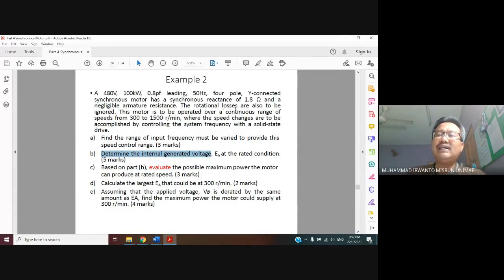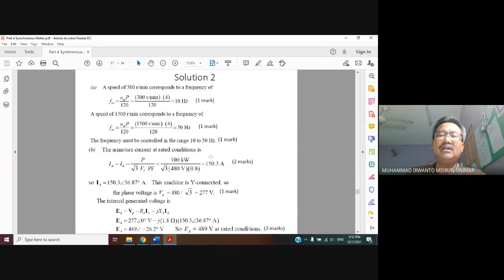But remember in here RA is ignored. So the internal generated voltage can be written like this. Now so we can write EA is equal to V phase minus RA IA minus jXS IA.